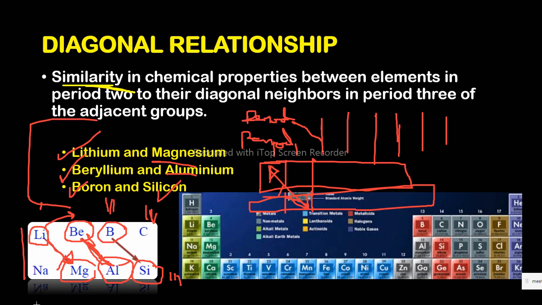So you can still have a look on the periodic table. So these two, then this and these two, they also show some similarity. And finally, these ones, they also show some similarity. And that similarity is what we refer to as diagonal relationship. Is that okay?